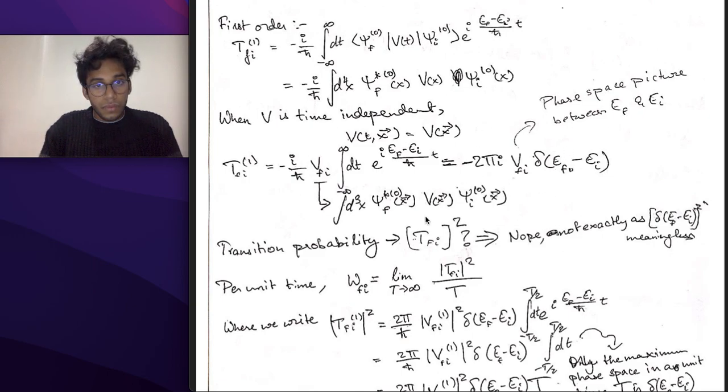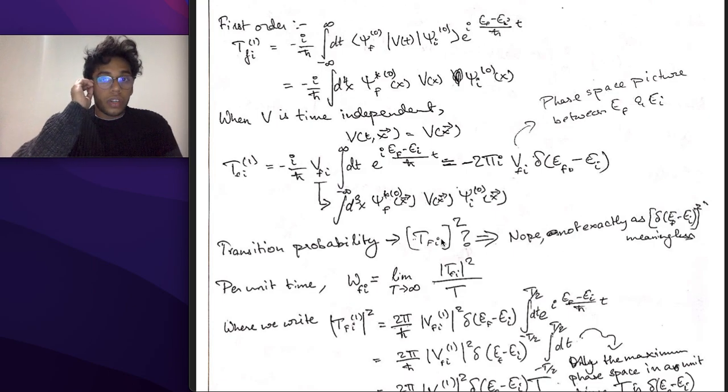And then you have your transition probability, which is given by the square of your transition amplitude. It's like your wave function, square it, you get your probability. Your transition amplitude is in the space of functions.